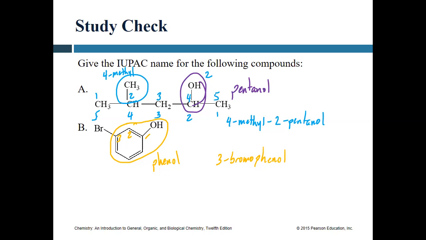Now, if we didn't recognize that this was phenol, if we just looked at this and said, okay, this is benzene, and I've got an alcohol group, and I've got a bromo group, I would still number it the same way. I would end up saying 3-bromo-1-benzyl alcohol.